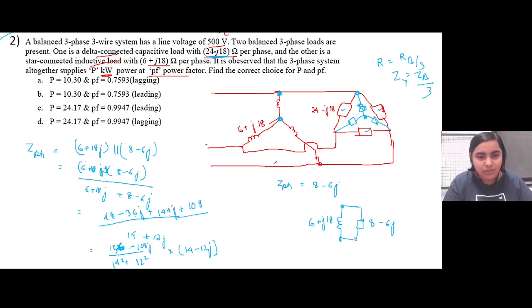It is just normal simplification. You have to multiply this with this, divided by this.